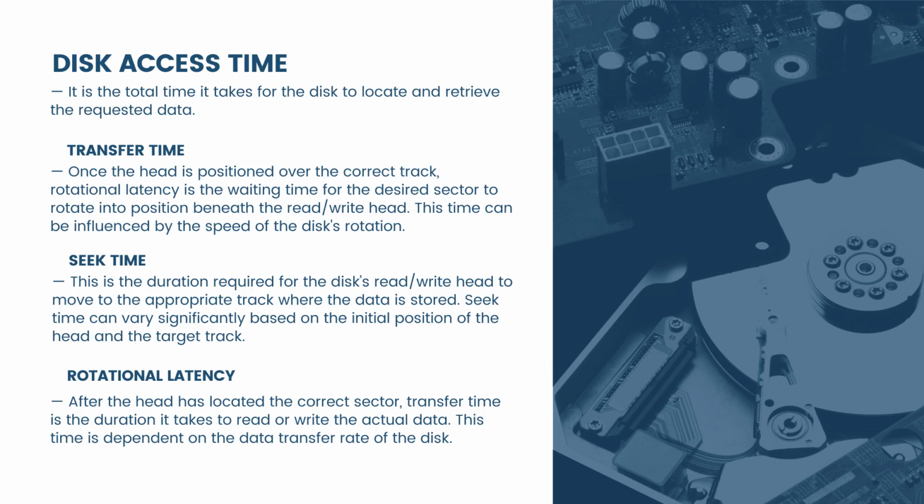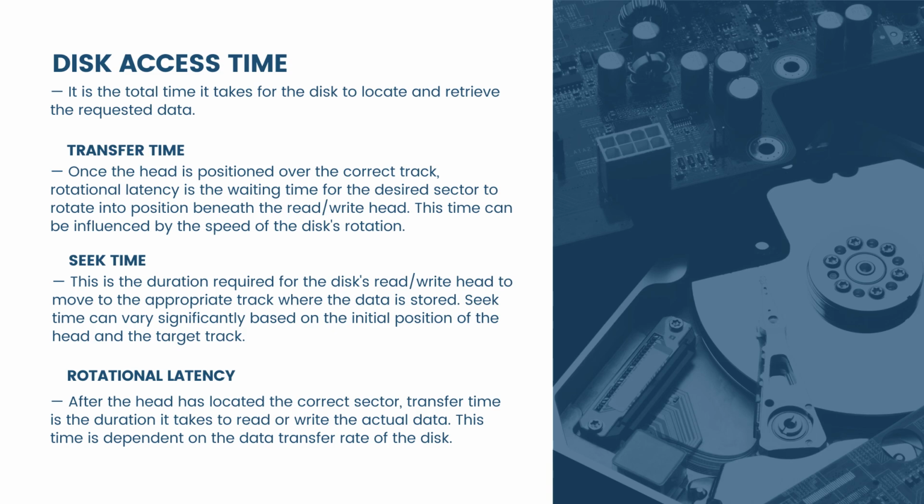Next is disk access time. It is the total time it takes for the disk to locate and retrieve the requested data. Rotational latency. Once the head is positioned over the correct track, rotational latency is the waiting time for the desired sector to rotate into position beneath the read-write head. This time can be influenced by the speed of the disk's rotation. Next is seek time.